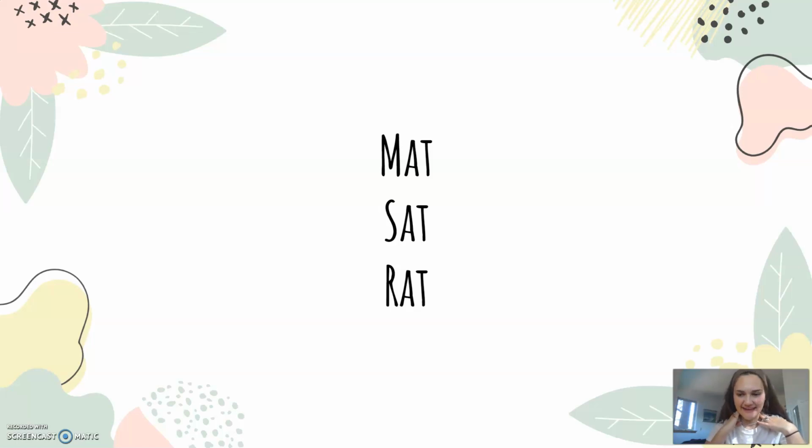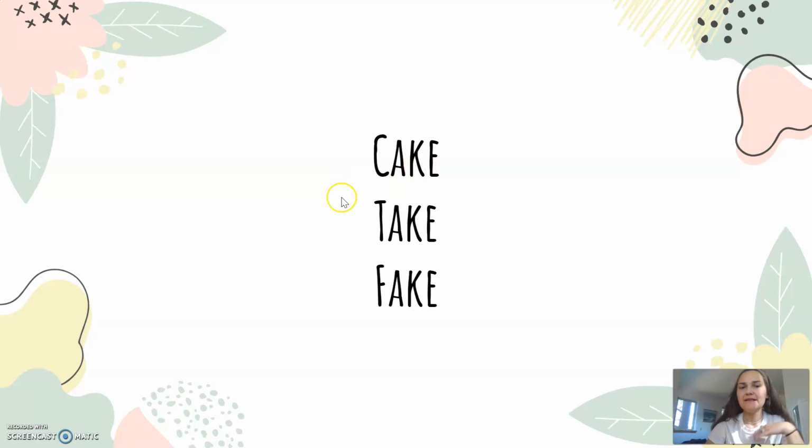Ah, right? We made our short A sound for ah. Now, I want to go back to those sneaky E words. Listen again for the middle letter sound. Cake, take, fake.